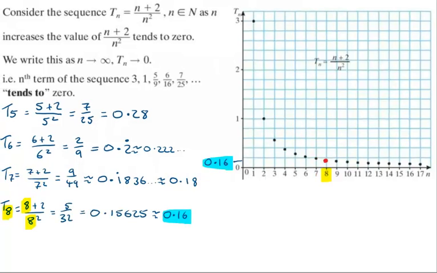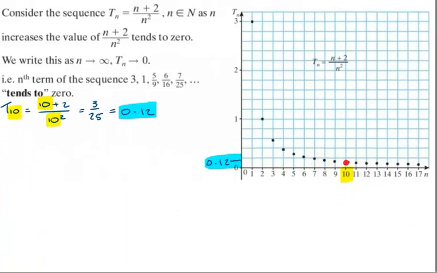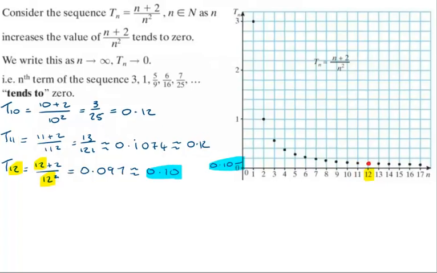There's T8, 0.16 approximately on our Tn axis or our y-axis. T9, there's our red dot for term 9. Then term 10, there's our red dot for term 10. T11, term 11, there's our red dot for where term 11 would be.